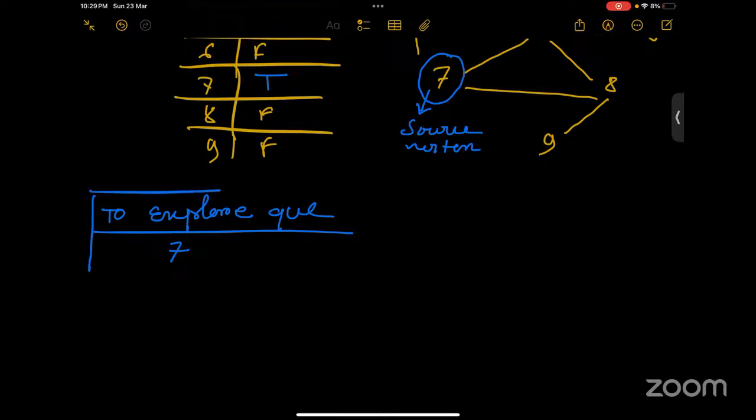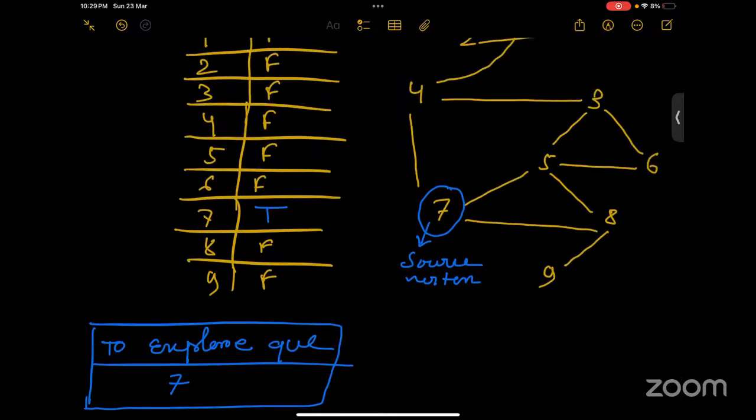Okay, that means we have visited 7. Now we will explore 7. Exploring 7 means we will visit all the vertices which are directly connected with 7.